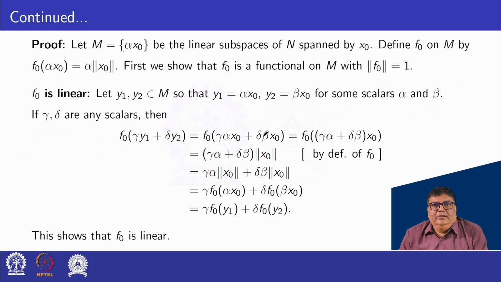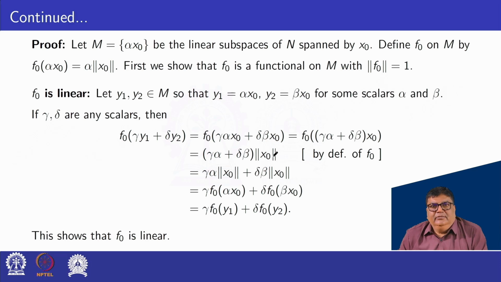Here x0 is common, so this can be written as f0 of (gamma alpha plus delta beta) x0. As per the definition of f0, this is (gamma alpha plus delta beta) into norm x0.